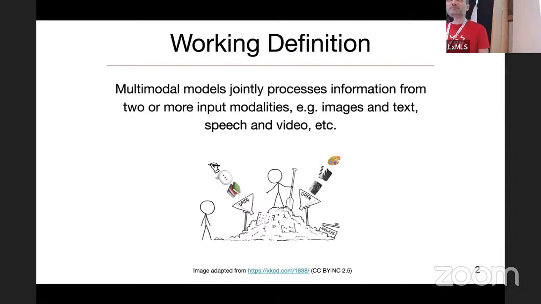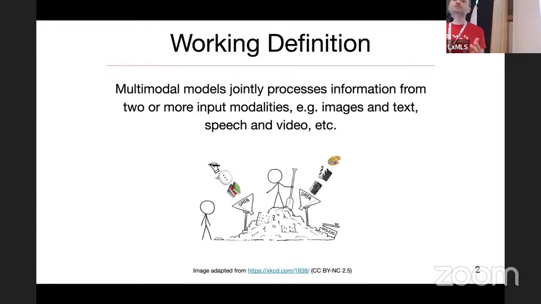This was probably the most difficult slide for me to make. I really struggled to find a working definition of what it means to be vision and language learning. And so I abstracted a bit to this idea of multimodal learning. In multimodal learning, we're mostly interested in processing joint representations of inputs from two or more modalities.